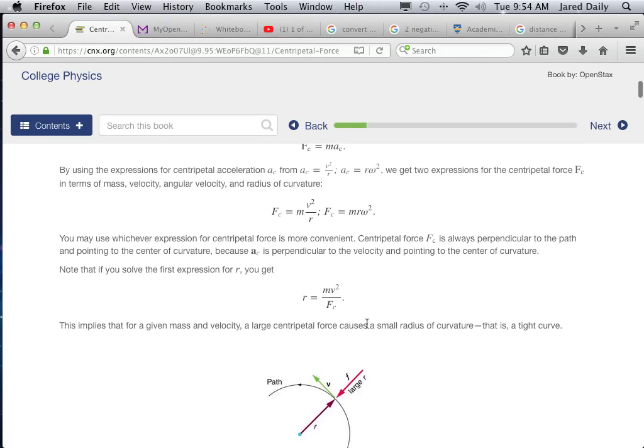But another thing that's really useful here is we can actually calculate the radius if we know the force, the mass, and the speed. Or we can calculate the radius if we know the angular speed, the force, and the mass. And that is used a lot in different situations, particularly in things like scientific instruments. It's used quite a bit.